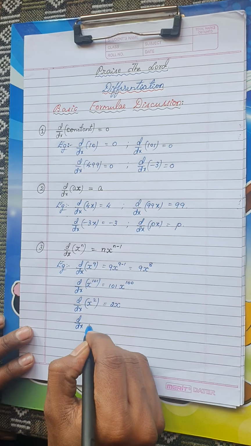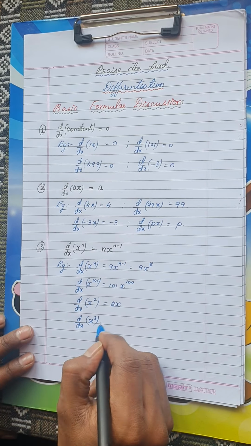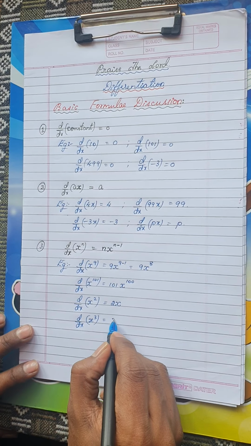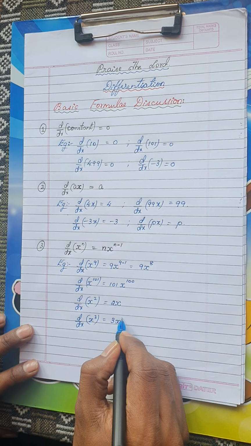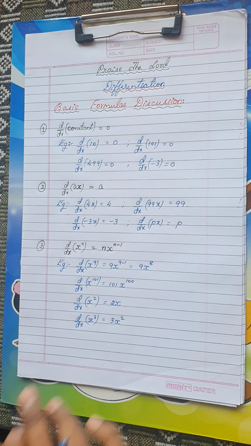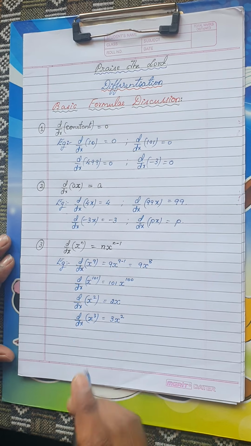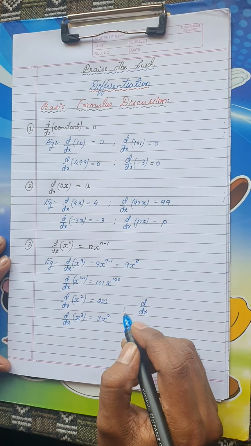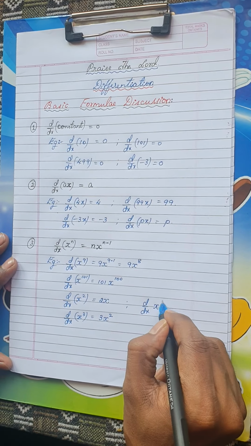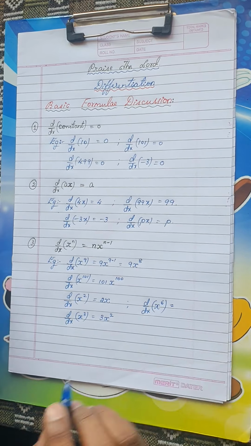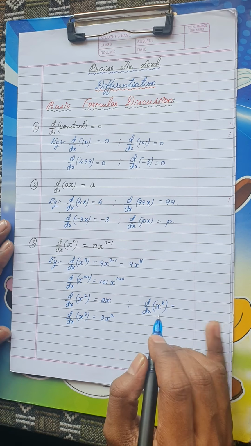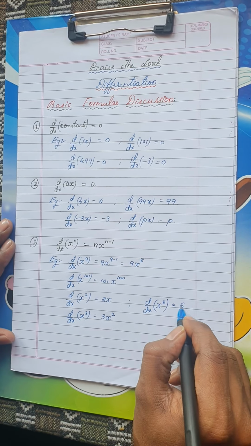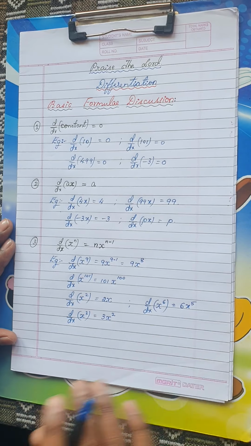Next, the derivative of x cube is, remember, 3 into x power 2, that is 3x square. Fine. So you can think of some other terms. You can think of the derivative of x power 6. Yes, Raju, what is the derivative of x power 6? Good. So you have 6 into x power 5.